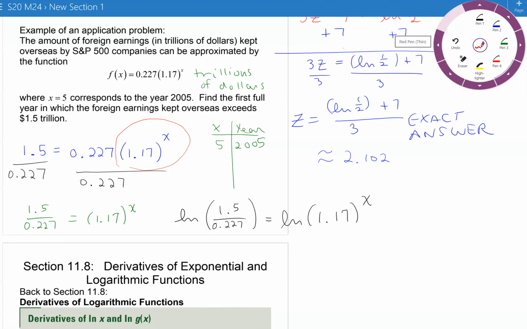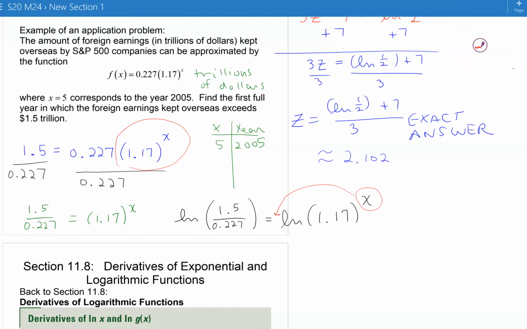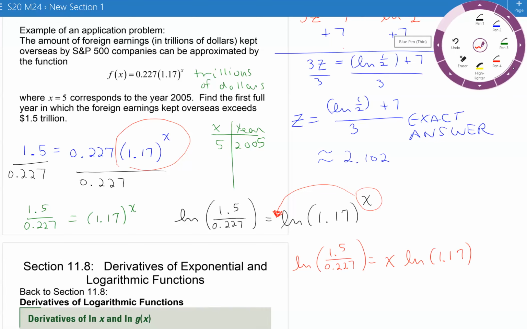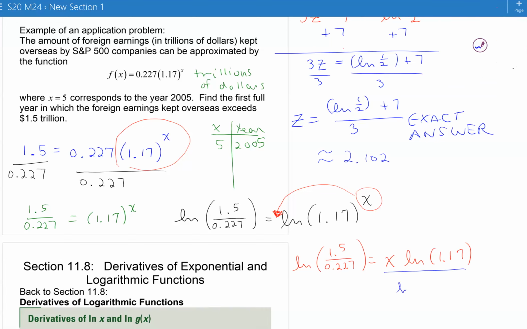And then use the property of logarithms that says I can bring this x down into the front as a multiplier and have the ln of 1.5/0.227 equals x times the ln of 1.17. So then we're going to divide both sides by the ln of 1.17.